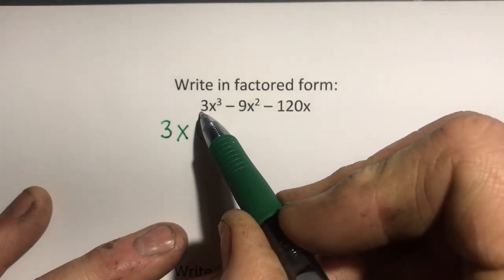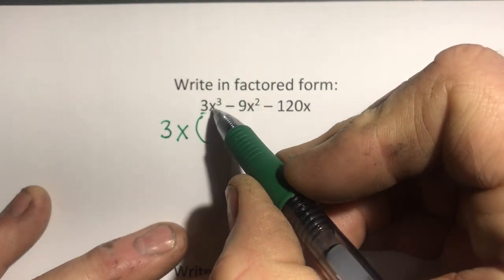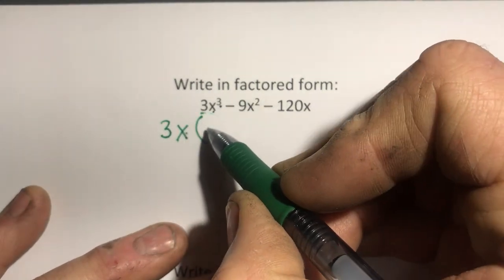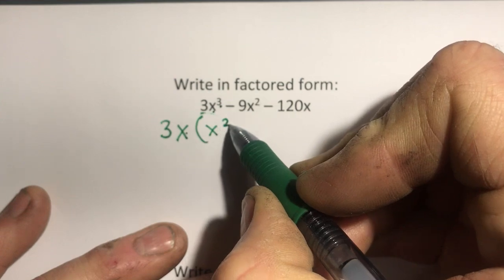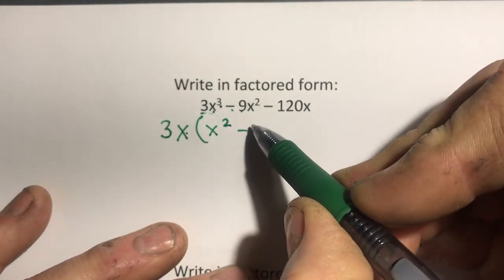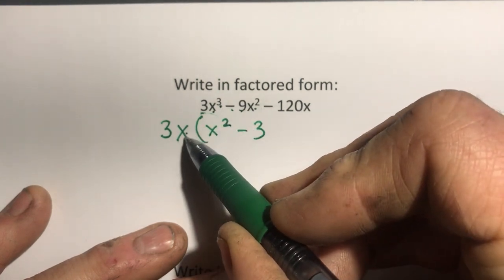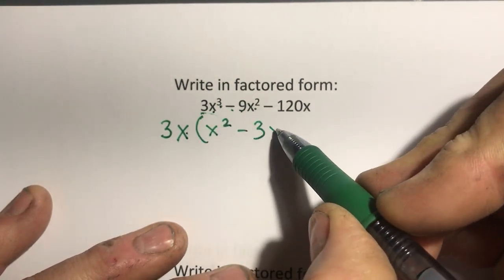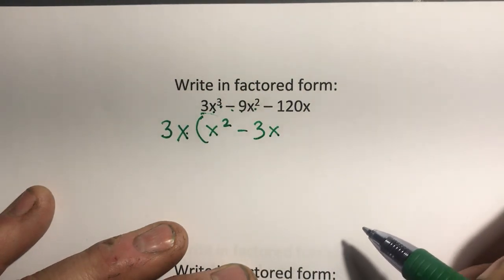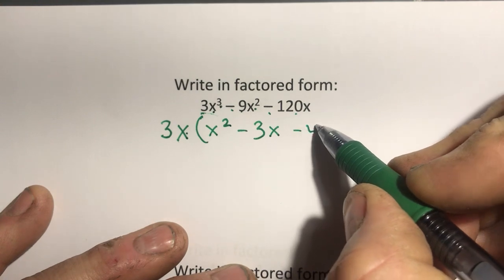So starting with this first term, 3 divided by 3 would be 1. I've got x to the third. If I divided x out, that's going to leave me an x squared. Then I have negative 9 divided by 3, which is negative 3. I've got an x squared, but I'm dividing one out, so that's going to leave me just an x term here. Then I have negative 120 divided by 3, which is negative 40.